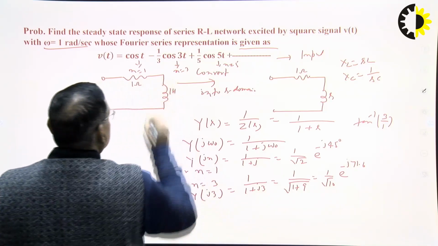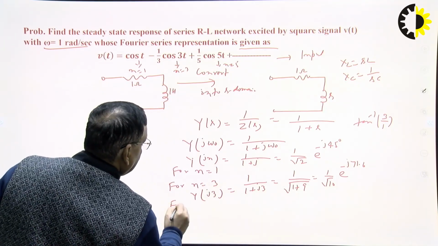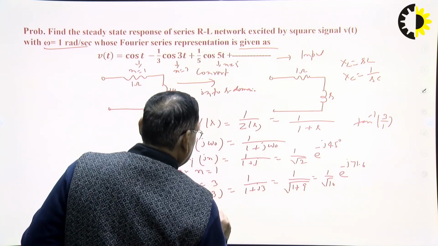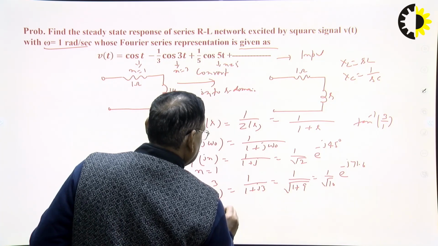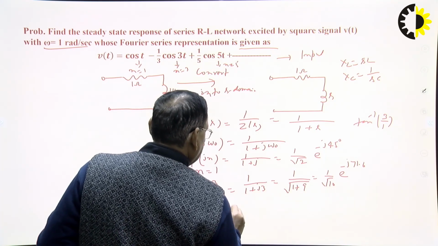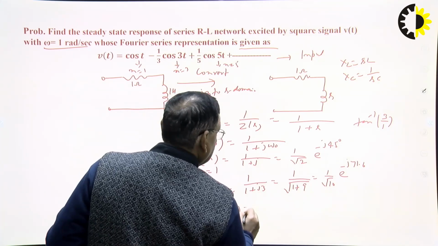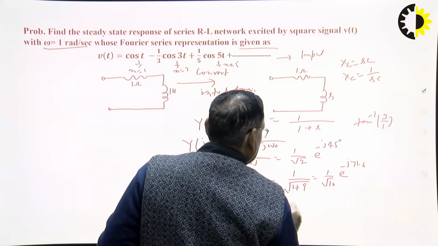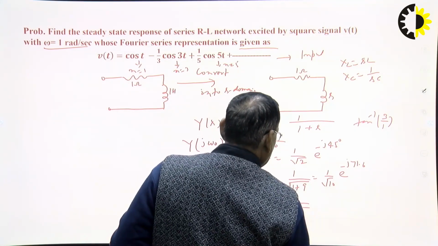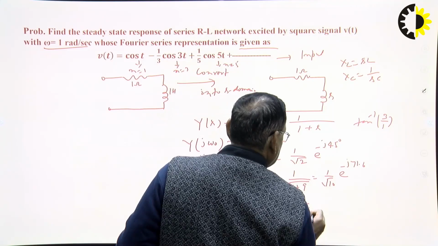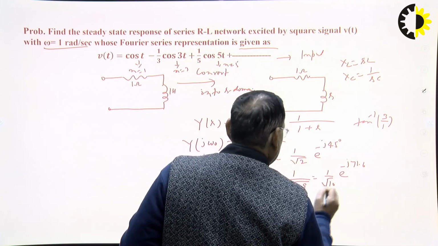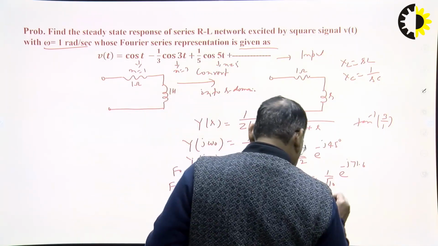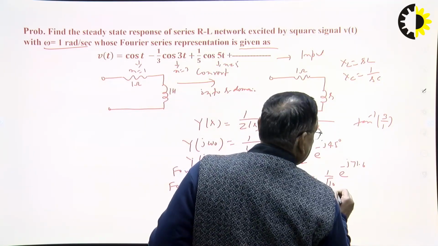Then for n is equal to 5, Y(j5) is equal to 1 by 1 plus j5, so 1 by root 26, e to the power minus j tan inverse 5 by 1. 5 by 1, if you calculate, comes to 78.8.